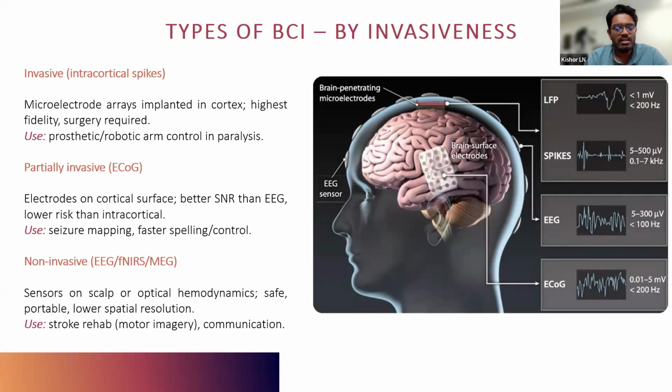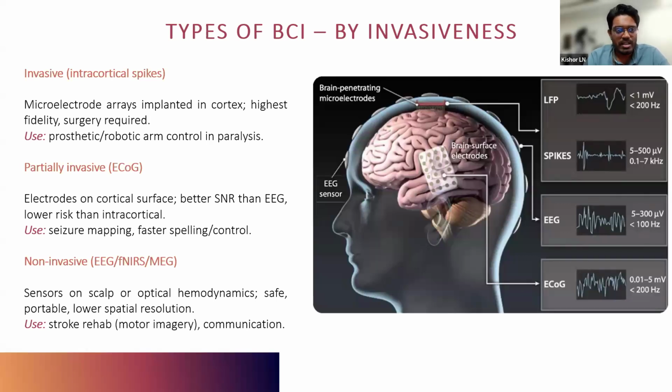This gives you the cleanest signal possible, and you can use that for control of a prosthetic arm, a robotic arm, or, if patients have complete paralysis, help them control their limbs. But of course, the downside is this requires surgery, and that's highly risky.